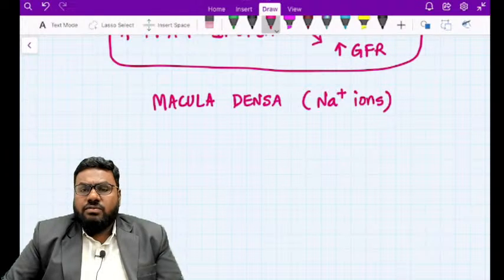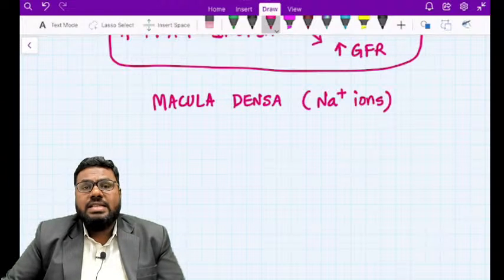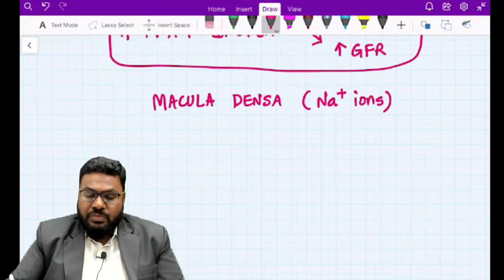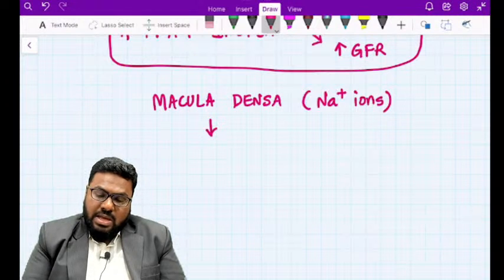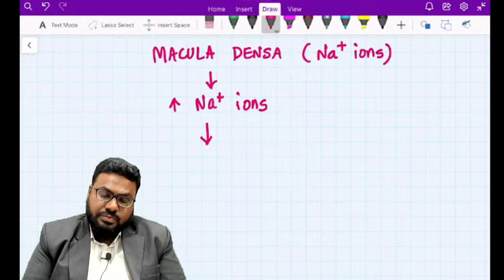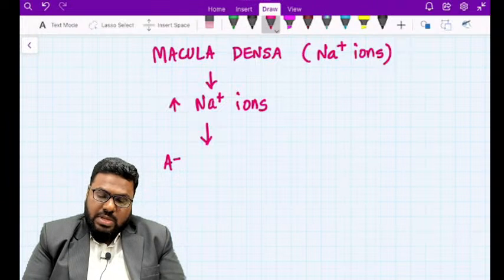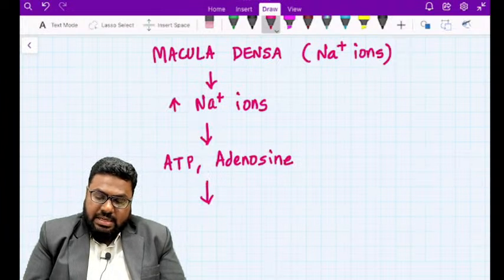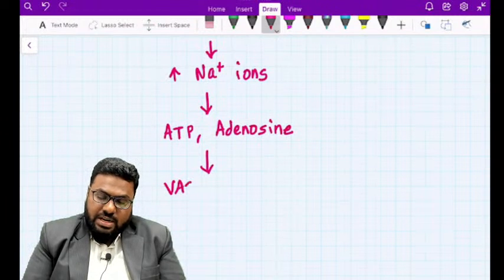As there is high delivery of sodium ions, it results in activation of ATPase activity and adenosine secretion, and this results in vasoconstriction of the afferent renal arteriole.